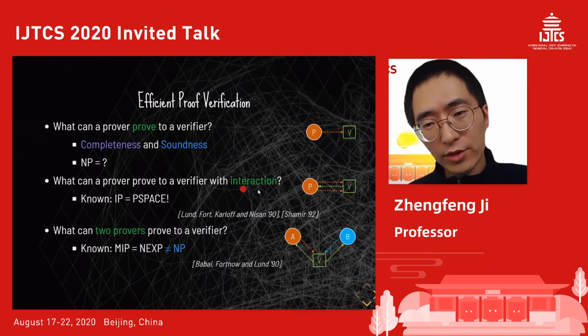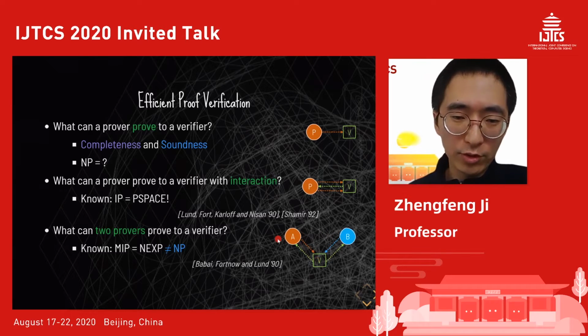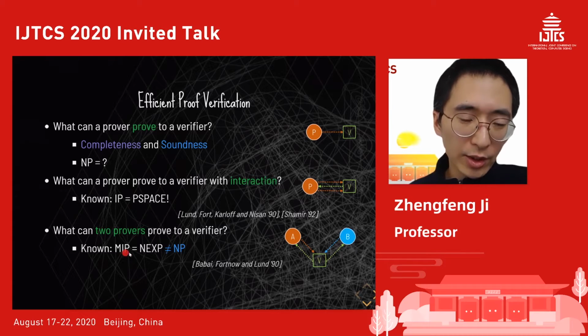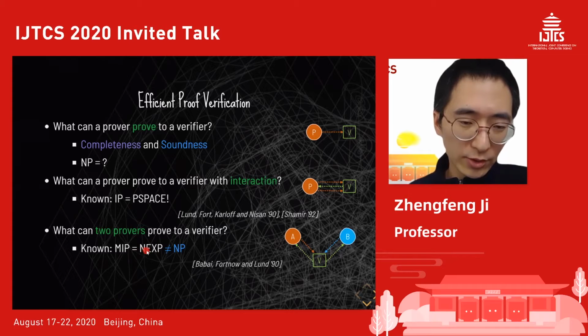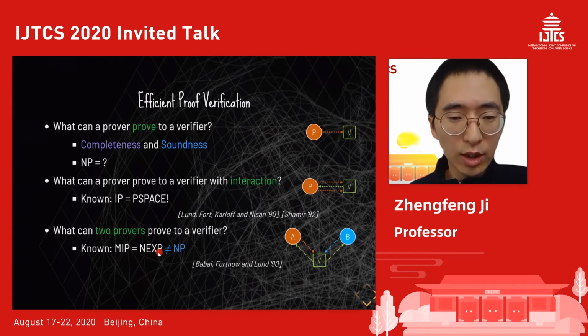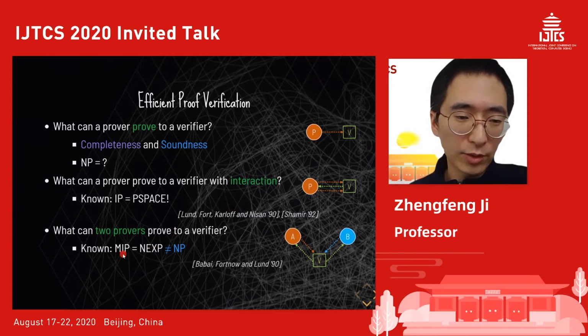And further generalizing this model, we can consider a situation where you have Alice and Bob. These are two provers who do not communicate, but they want to convince the verifier of certain facts. That's the class MIP. Around the same time, people realized that this is another interesting class that's even more powerful than the single-prover case. They proved that MIP equals NEXP.